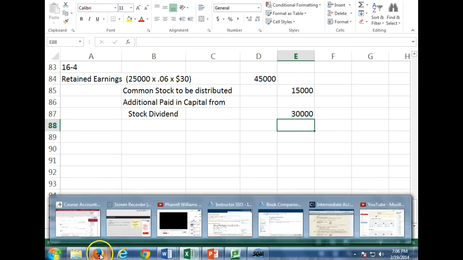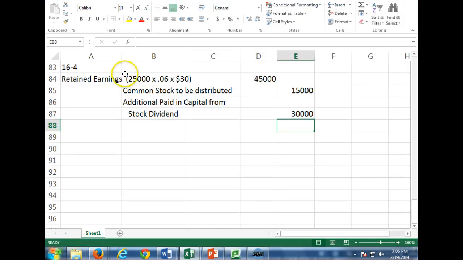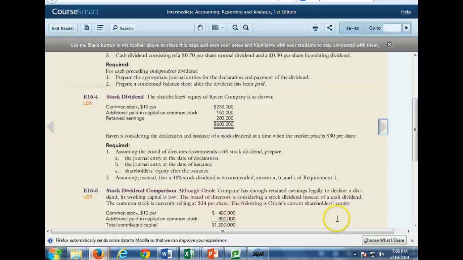If we go back to the problem, we've got 25,000 shares, a 6% stock dividend on 25,000 shares, and the 30 bucks is what the market price is right now.